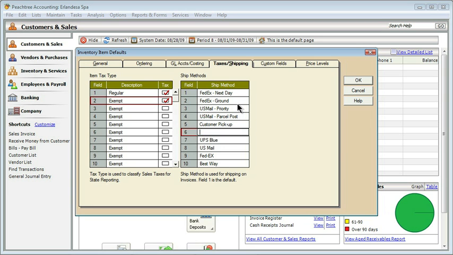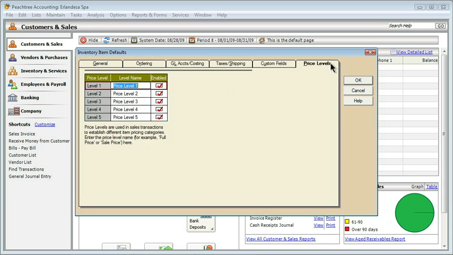I can then come down and simply delete any additional spaces that I don't need. This will be used for the shipping on our invoices, and field number 1 will be the default, so you want that usually to be the number one way that people will be receiving their items or their services from you.